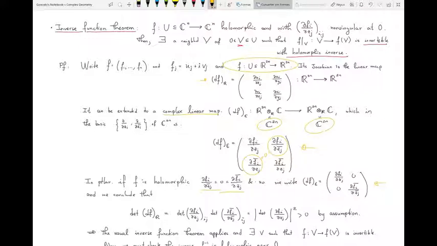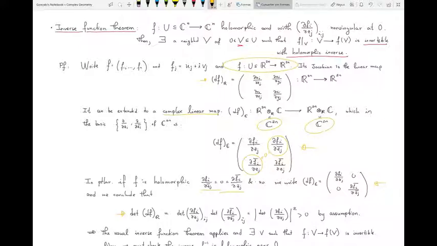Then if we want to apply the inverse function theorem in the usual case, we better guarantee that the Jacobian of our function, seen as a real function, is actually invertible. For that to happen, it is enough that the determinant is non-zero. So that's what we are going to do here.